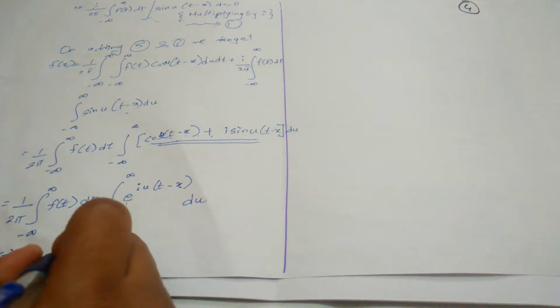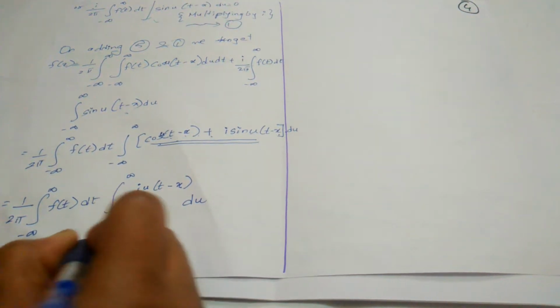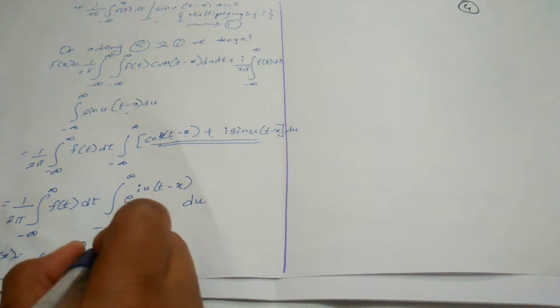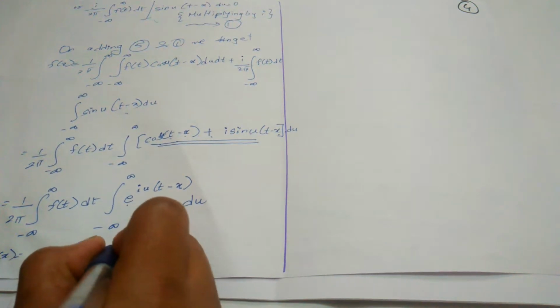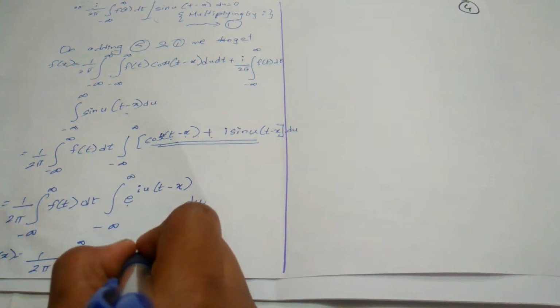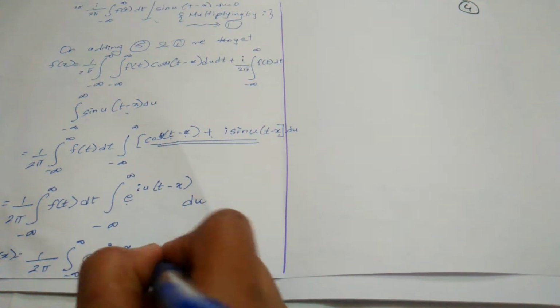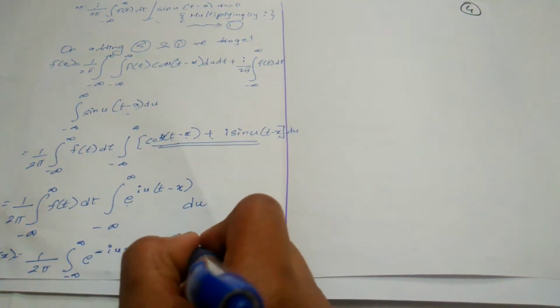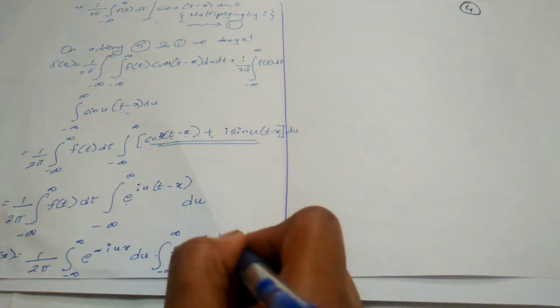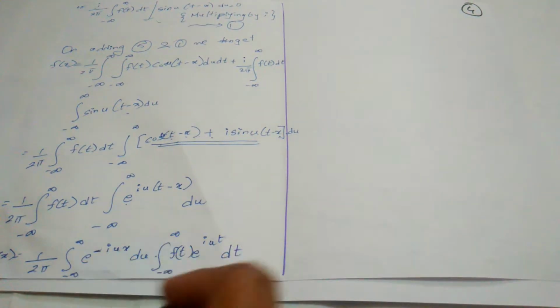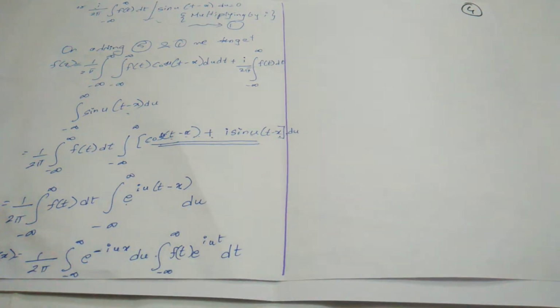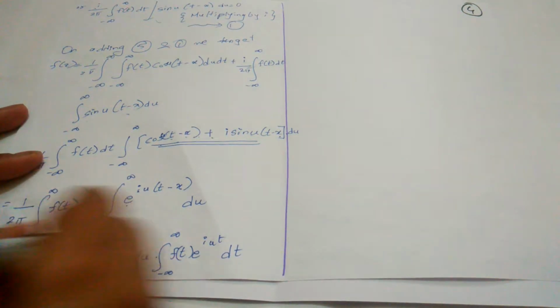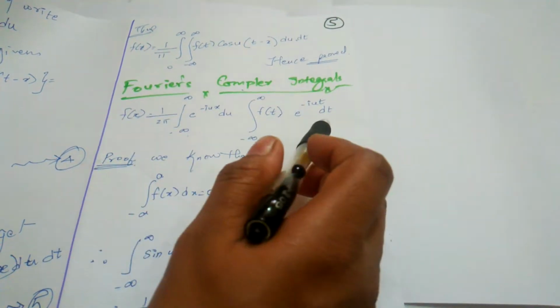1 upon 2 pi, integral minus infinity to infinity e raised to minus i u x du, into integral minus infinity to infinity f of t e raised to i u t dt. Okay, so what we needed, we have got this.